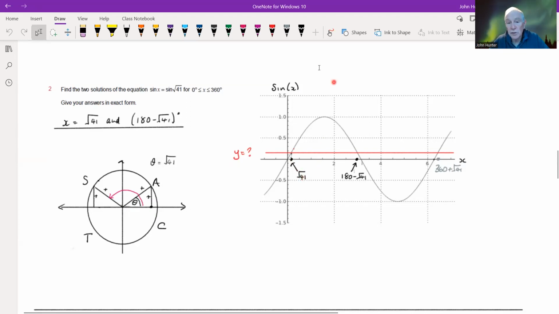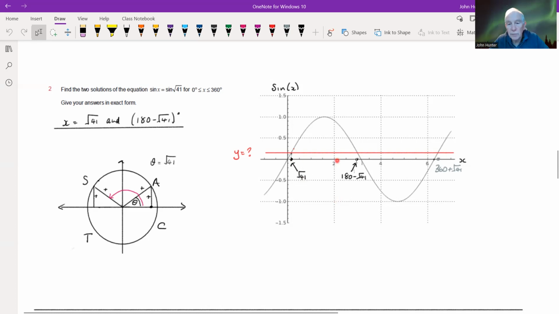Now, we know from our symmetry line here that our other solution, let's say the secondary solution, is 180 minus root 41. That's the little equation right at the top of the video. So there we go, this is another solution, 180 minus root 41.